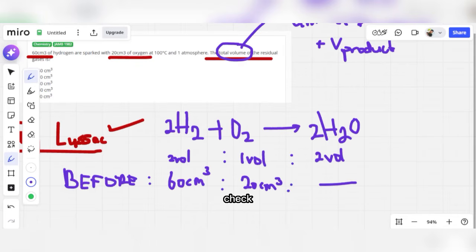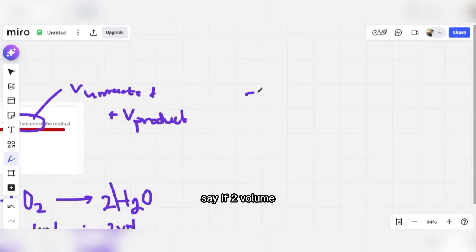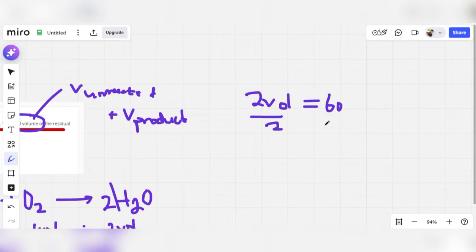So now you're going to check if 2 volumes equals 60 and 1 volume equals 20. So we want to check which one volume is smallest. So you do it again. Say if 2 volumes equals 60, then that means 1 volume equals 60 divided by 2, that will be 30.